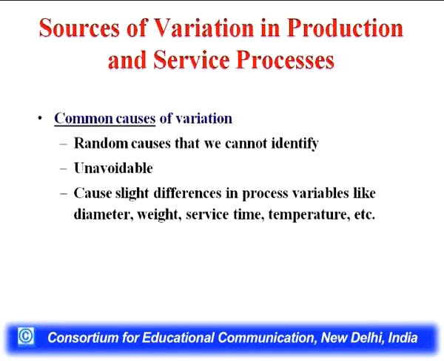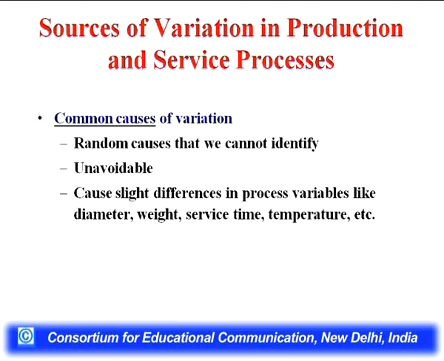Sources of variation in production and service processes. There are two types of causes. The first one is called common cause of variation. Random causes that we cannot identify.